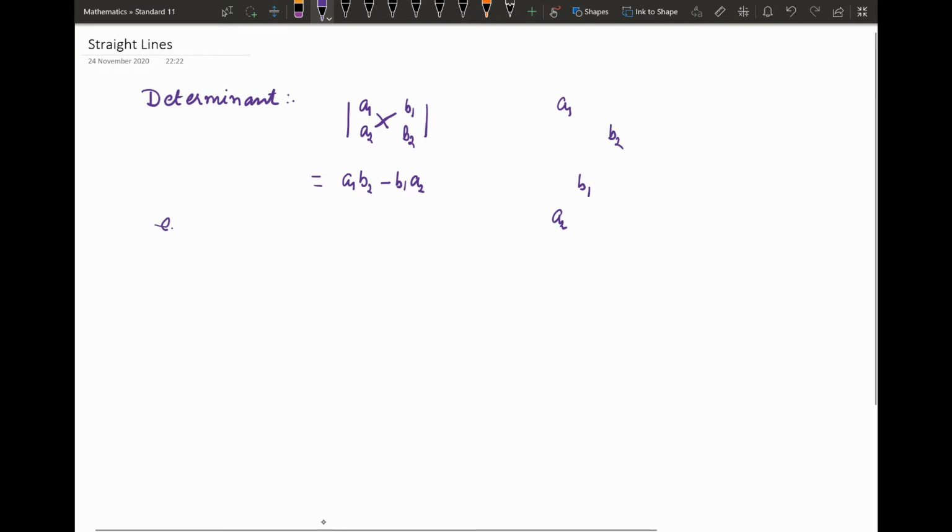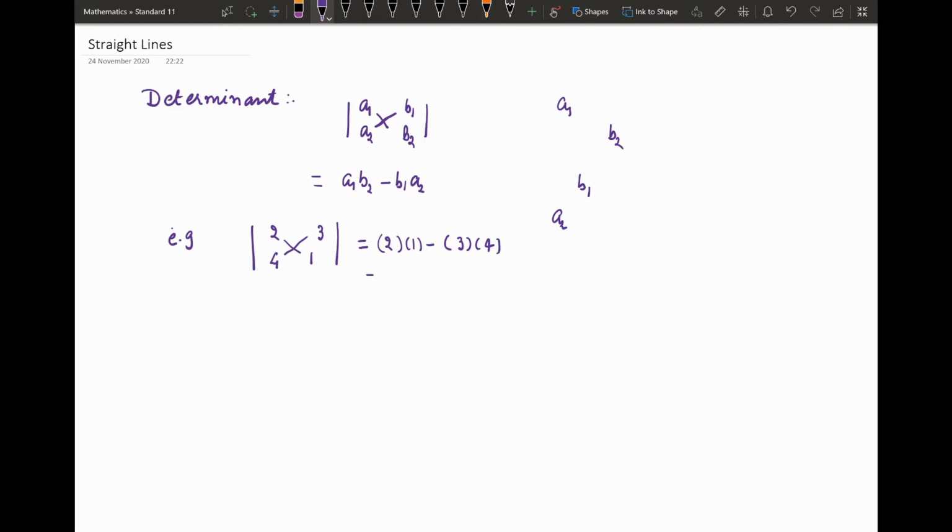As an example, suppose 2, 3, 4, 1. Then its value is the multiplication of entries of the principal diagonal, that is 2 into 1, minus the multiplication of entries in the subsidiary diagonal, 3 into 4.